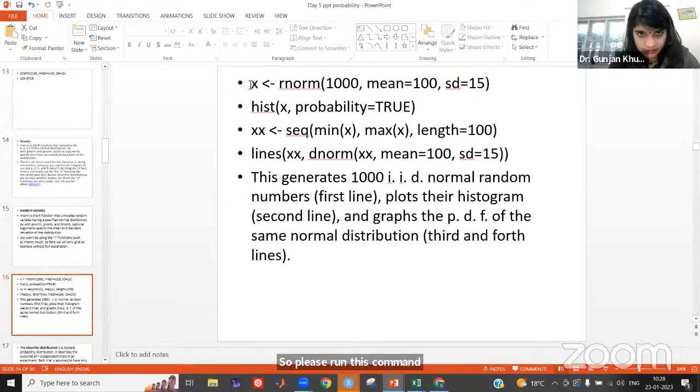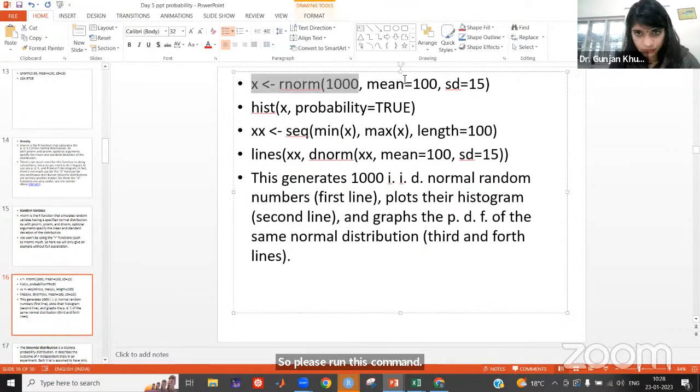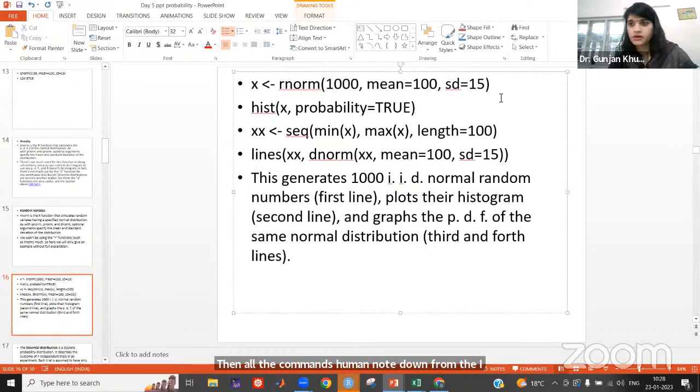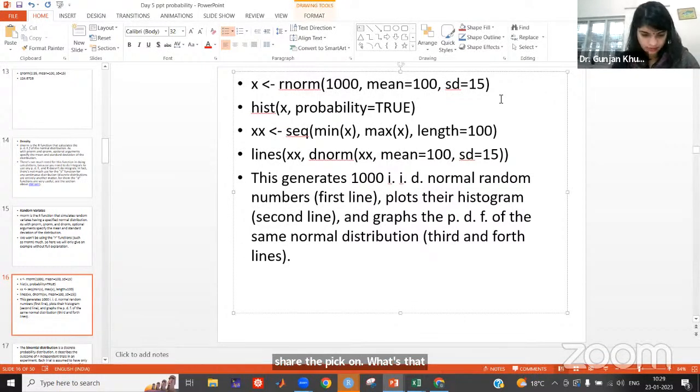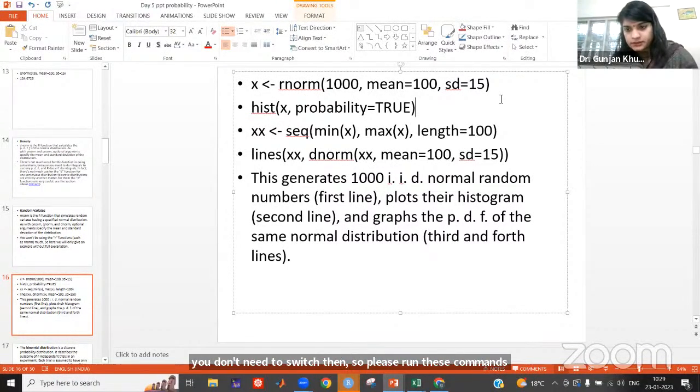Run all the commands. You may note them down, or I can share the picture on WhatsApp, because then you don't need to switch. So please run these commands. Sent on WhatsApp? Yes, sent.